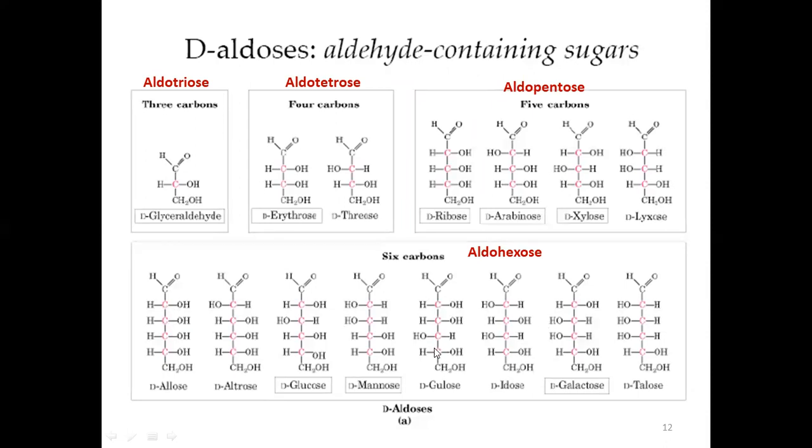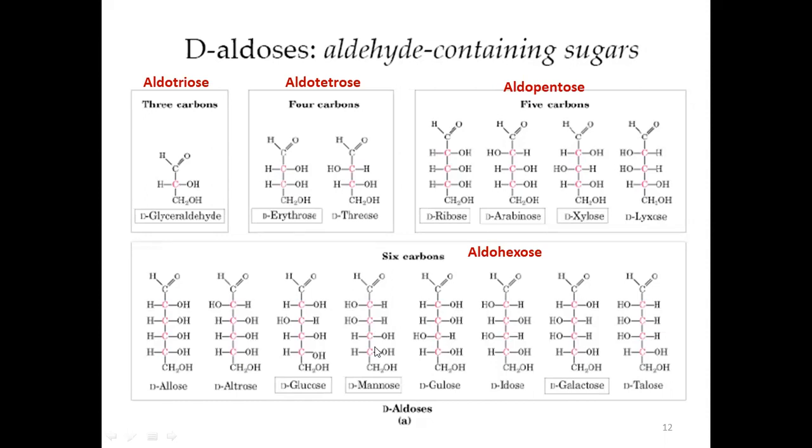A change in the orientation of the CHOH in between would lead to a different kind of sugar or monosaccharide. So you always have to remember.